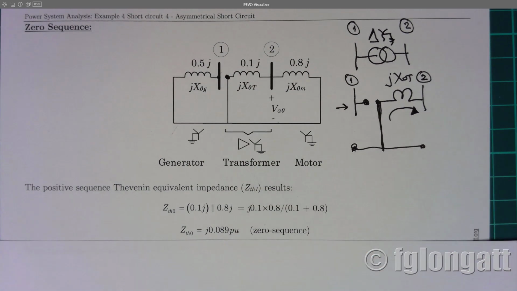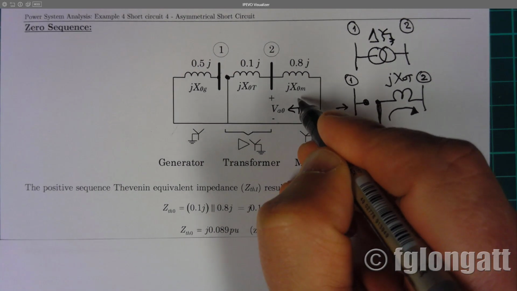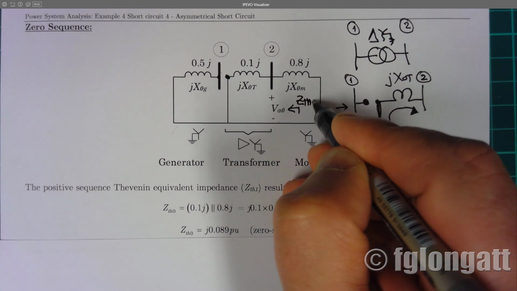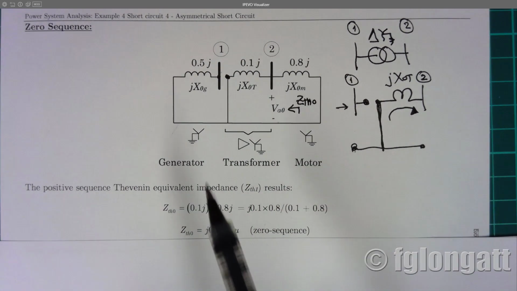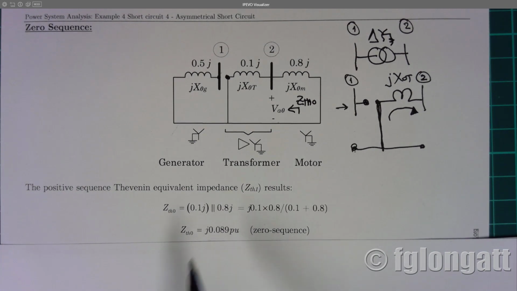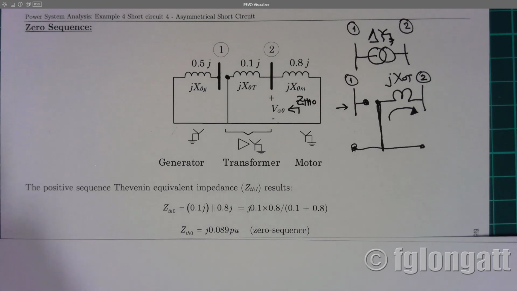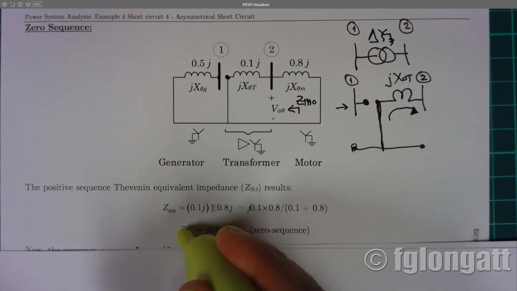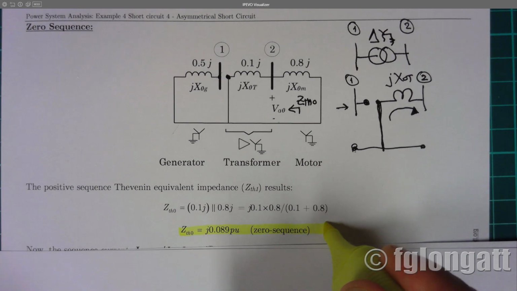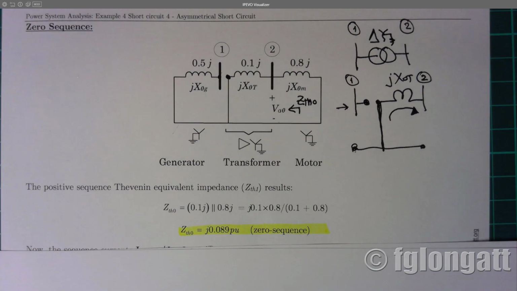To calculate the zero sequence Thevenin impedance, we have 0.1 j in parallel with 0.8, and we solve that and we obtain the zero sequence Thevenin impedance here. For that reason, we have finished question A, the Thevenin sequence impedances: positive, negative, and zero.